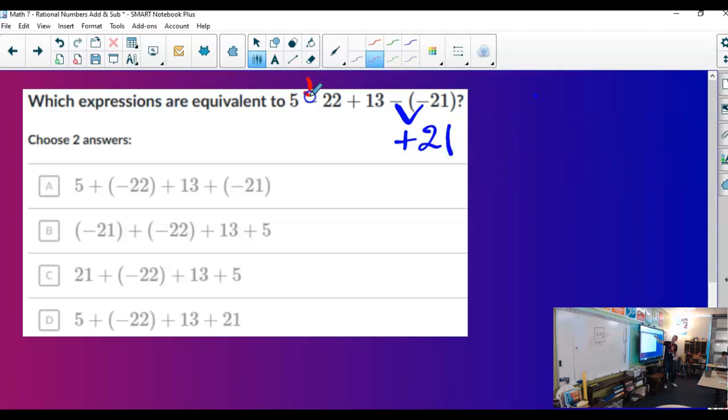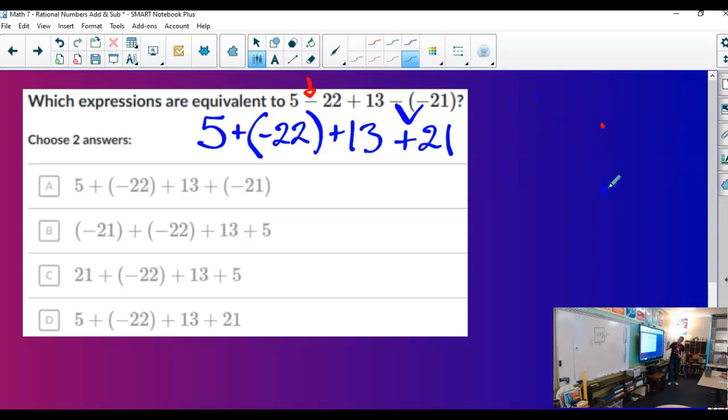What do we want to do with the minus 22? Lakin? Yeah, we'd rather write it as a negative, right? So we could write 5 plus negative 22 plus that positive 13, and now plus positive 21.